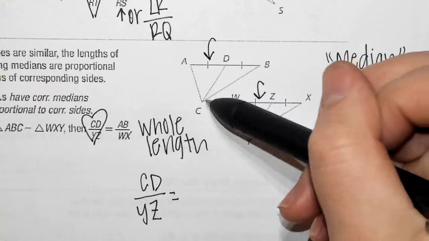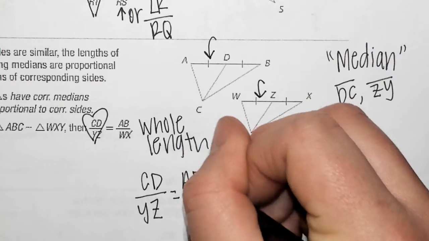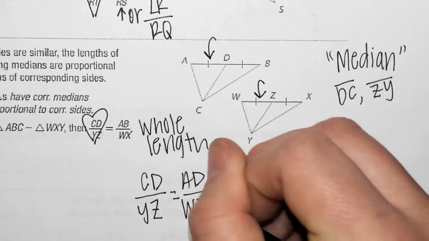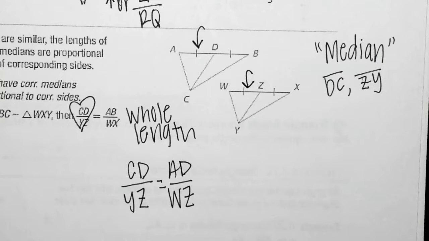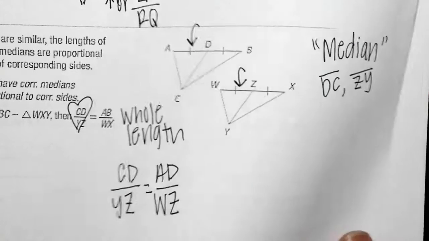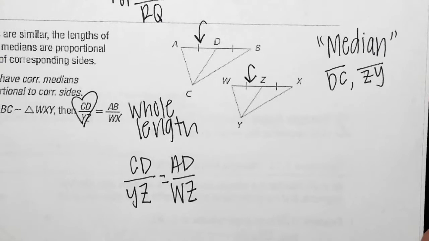So if you said CD is to YZ, you can say AD is to WZ because it's cut in half. So it's proportional. Does that make sense? A little bit? This is a lot of information up front, and then we just have to put it to good use.